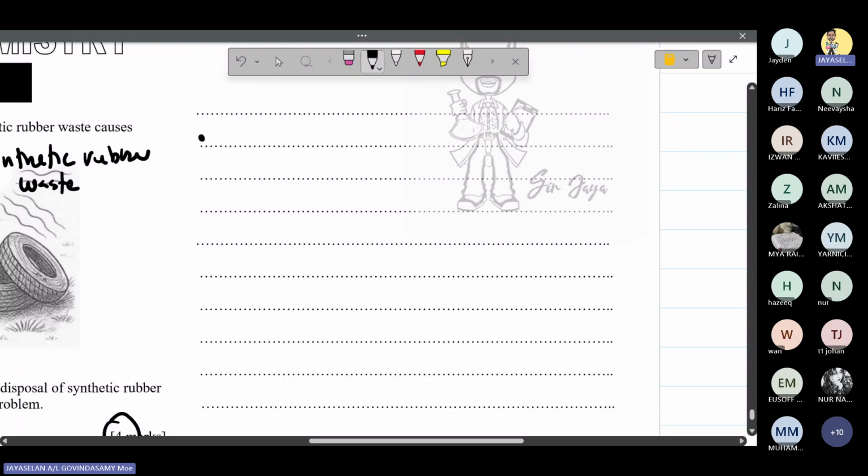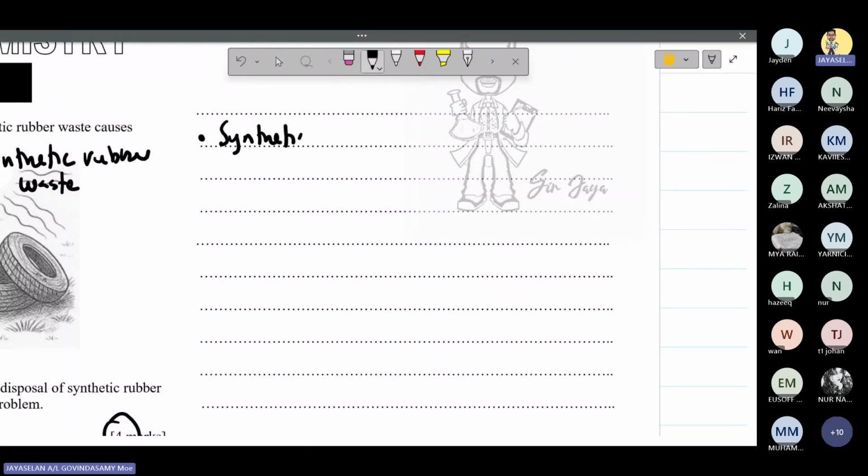Okay, first point. So you tulis apa? First point, synthetic rubber waste is biodegradable or non-biodegradable. So I put here it is non-biodegradable. Tidak mudah terurai.